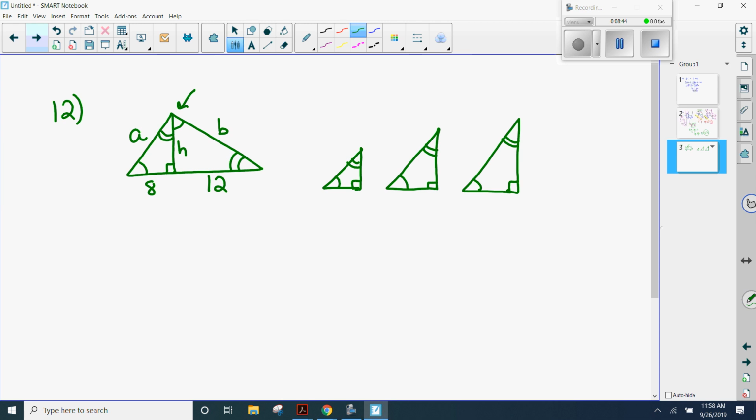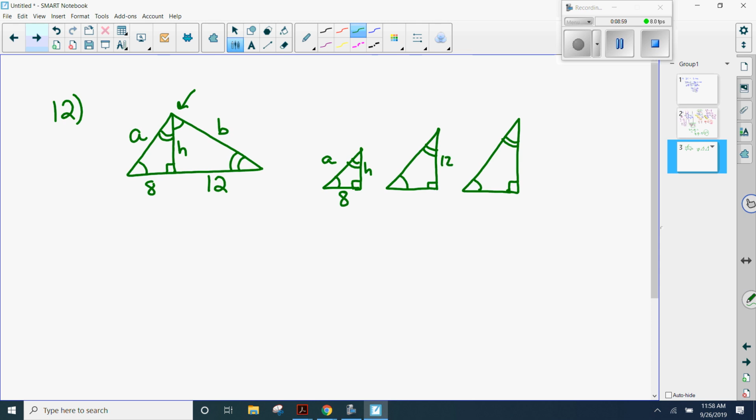If you look at your small triangle, you have side lengths of A, H, and 8. If you look at the medium-sized triangle, between the right and the double tick mark is 12.